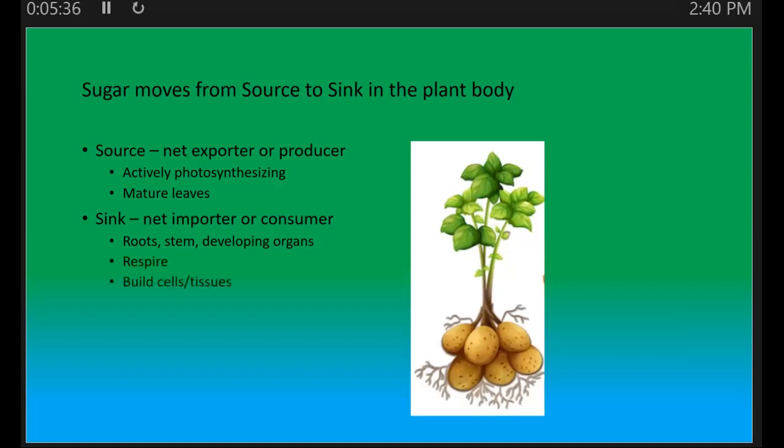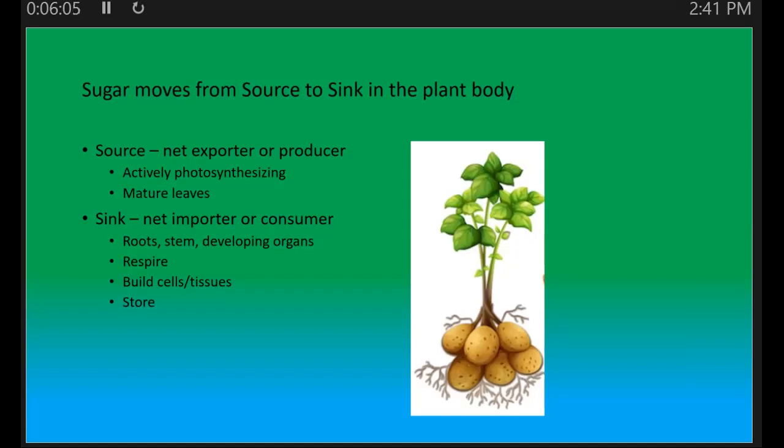And so when they get that sugar, they might use it just like how we use sugar through glycolysis to get our energy needs met in our body. So they might go through respiration similar to what we do. They might use that sugar to grow and develop, build more cells, build more tissues. They might store it up and save for a rainy day.